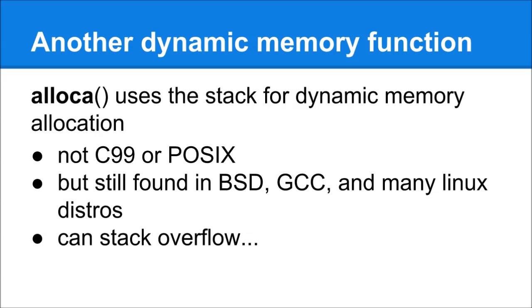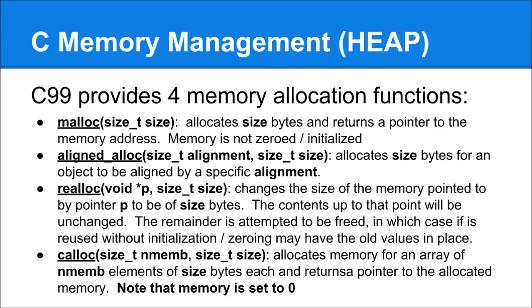An interesting thing is that this is not in the C99 standard, but there is a dynamic memory allocation function, alloca, that uses the stack for dynamic memory allocation and can thus cause a stack overflow. It should be noted that the functions covered up until this point, these 4 functions, use the heap.